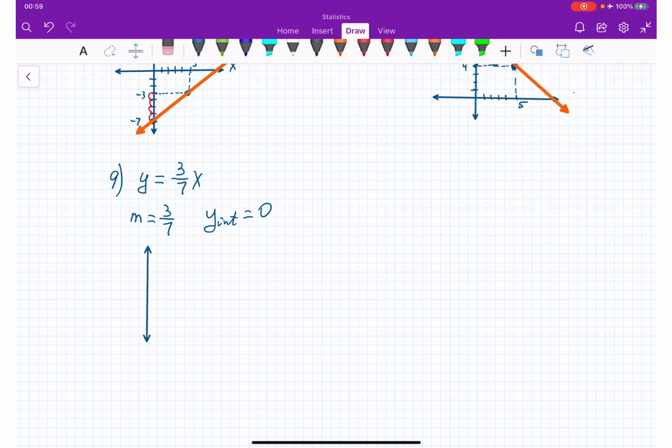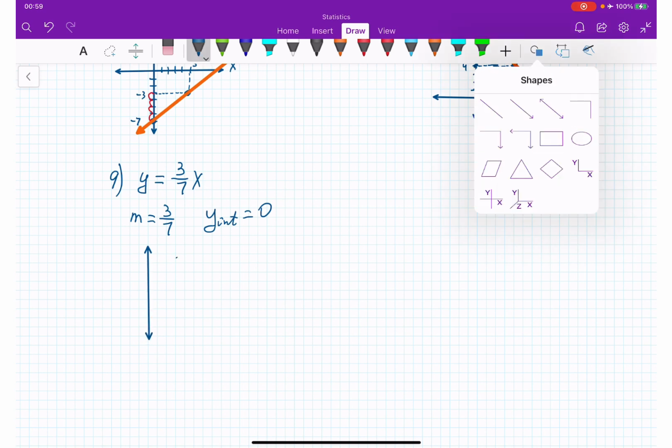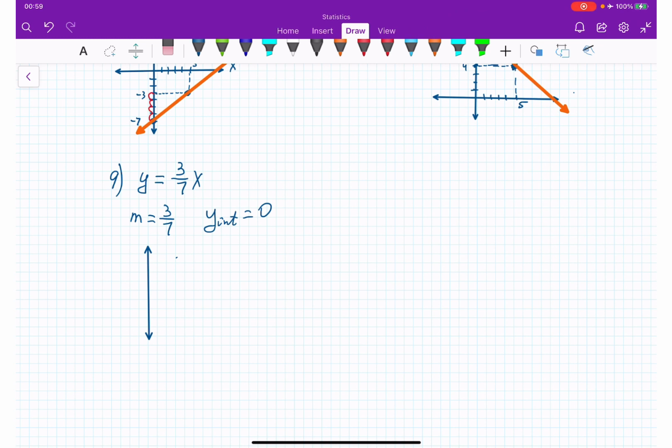Since our y-intercept is 0, we start from 0. That's where y equals 0. And then I have m, 3 over 7. So I'm going up by 3, 1, 2, 3, and then horizontally by 7, 1, 2, 3, 4, 5, 6, 7. There we go.